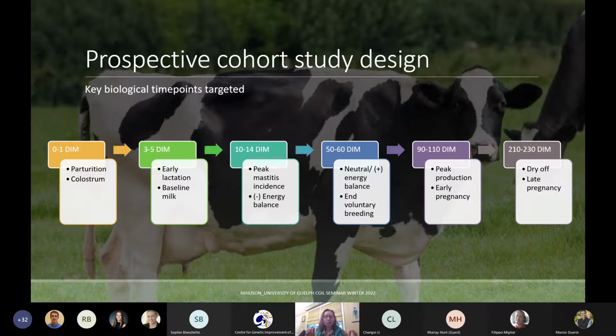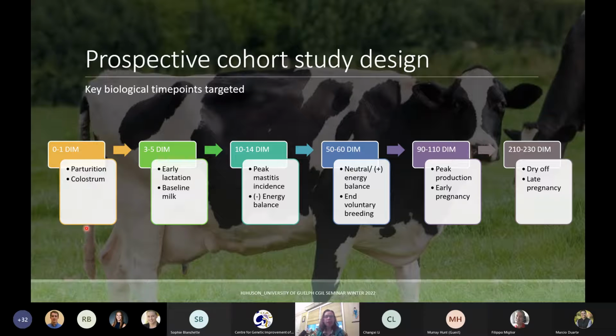I focused on biology. So instead of being consistent on weeks, days, months, I looked at when are the key biological time points for a cow throughout a lactation? When are things really changing that might affect the body and how the body responds?